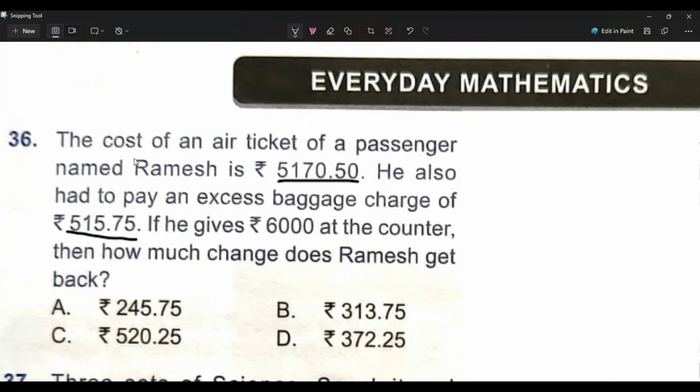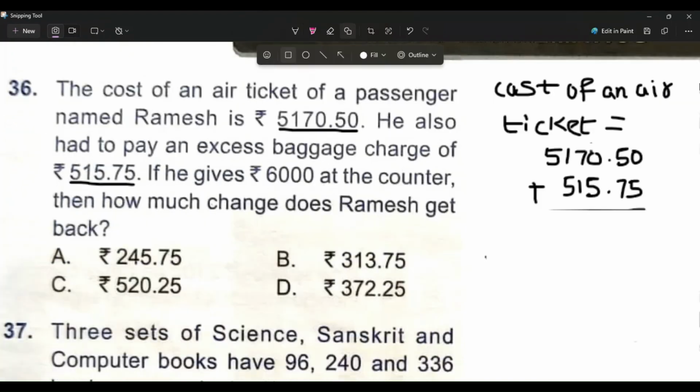So first we need to add the cost of an air ticket, that is 5170 50 paisa, and extra baggage charge is 515 75 paisa. So cost of an air ticket is equal to 5170 rupees 50 paisa, 515 rupees 75 paisa.